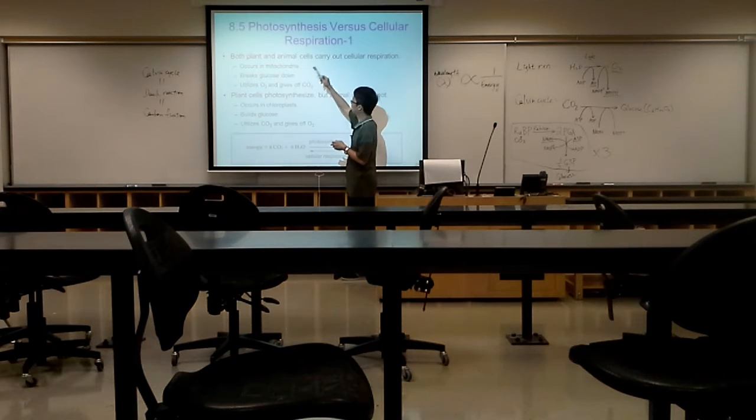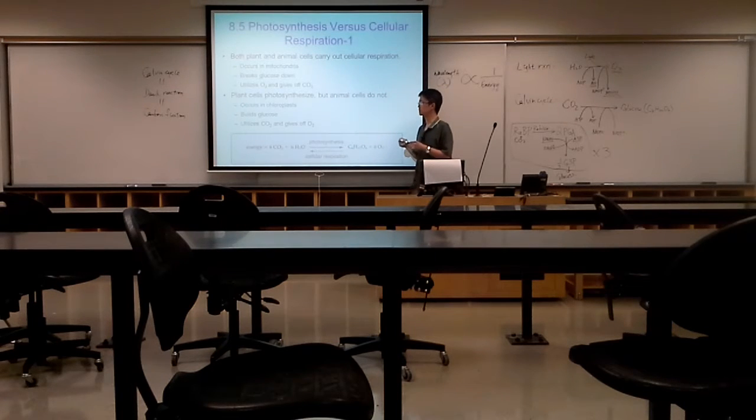So both plants and animals do cellular respiration in mitochondria. Cellular respiration breaks down glucose and requires oxygen to make water, and then we breathe out carbon dioxide.